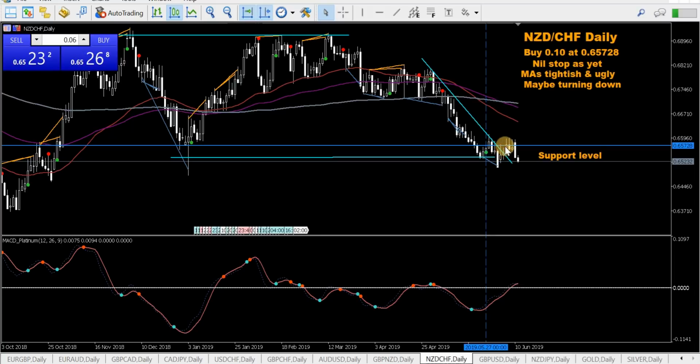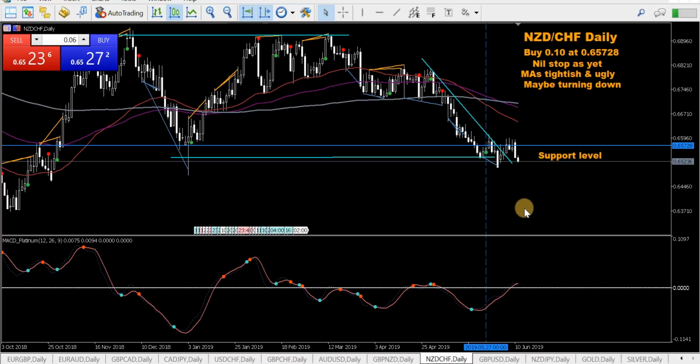So I did consider taking a second buy here on this trend line break, but I thought it would be at the same level as the initial one, so I wasn't going to worry about it, which now is proving to be a smart decision. And it's dropping down. I'll see what happens, and I'll look to take a second buy trade. May even take a hedge sell if that presents.